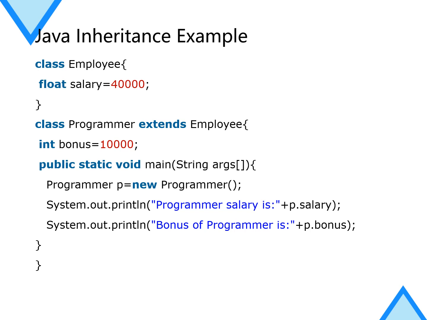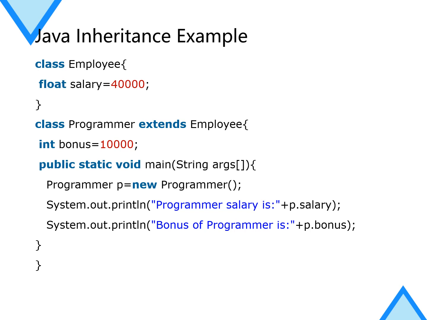So inside the main method we are going to declare an object. The name of the object is p, and we use the name of the class to create an object. So actually we are going to create the object of the child class.